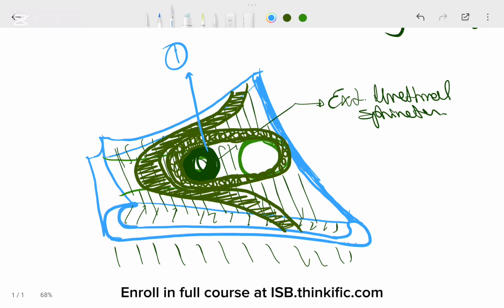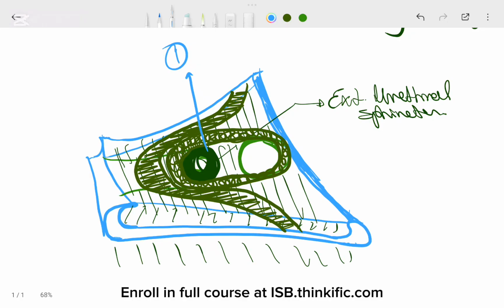And then it blends in a circular fashion around the urethra, especially the membranous part of the urethra. The nerve supply, for all the muscles in the deep perineal pouch, I'm going to say it once and not repeat it again, is the perineal branches of the pudendal nerve, that is S2 to S4.